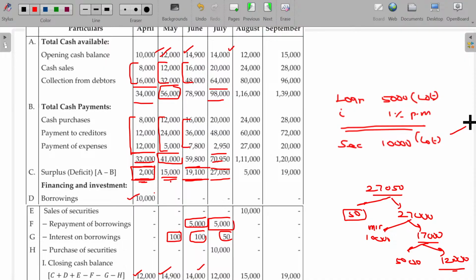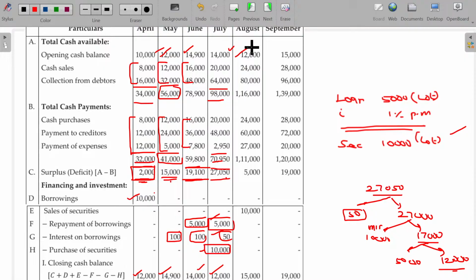If you want to purchase the security, you have to purchase in a lot size of 10,000. So I purchase the security for 10,000. So from 27,050, interest 50 paid, repayment of loan 5,000 is paid, and purchase of securities 10,000 is also subtracted, and 12,000 is the closing balance.